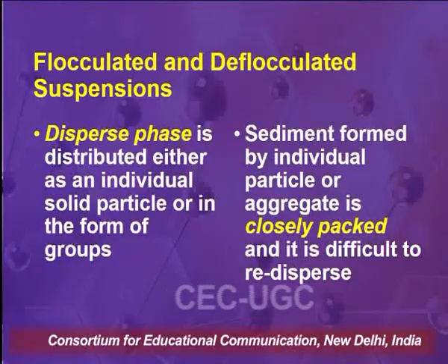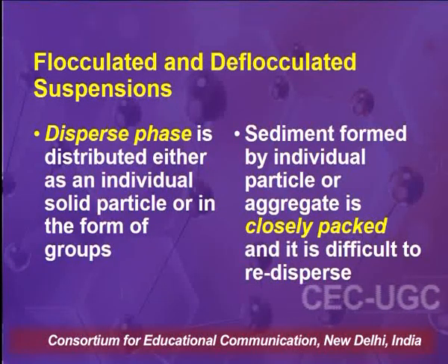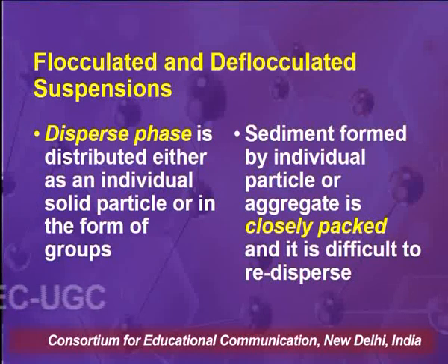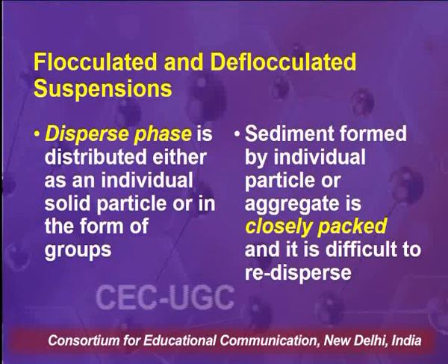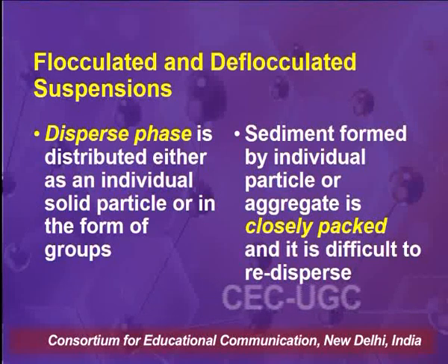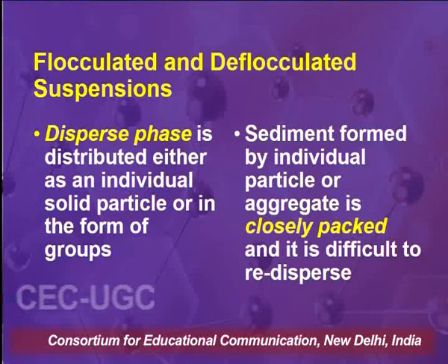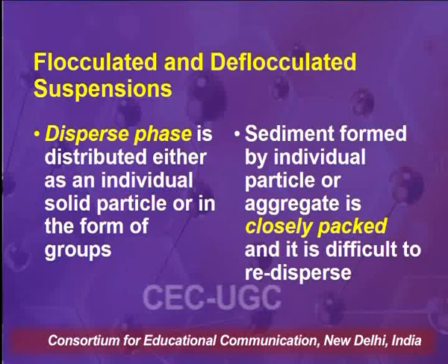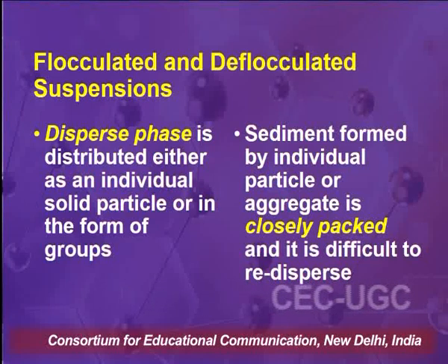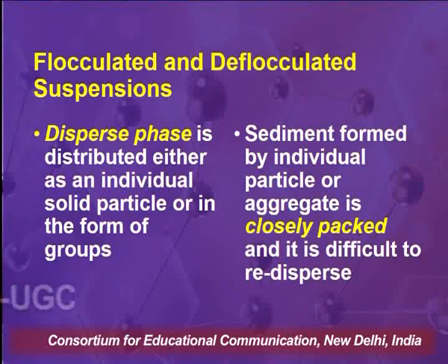Now, as we are talking about the preparation of suspension, it is also important to understand that a suspension could be either of a flocculated type or deflocculated type. Talking about a flocculated suspension, first and foremost, as already mentioned, suspensions are in general biphasic. So the suspension system has two phases, one referred to as the disperse phase and the other as the dispersion medium.